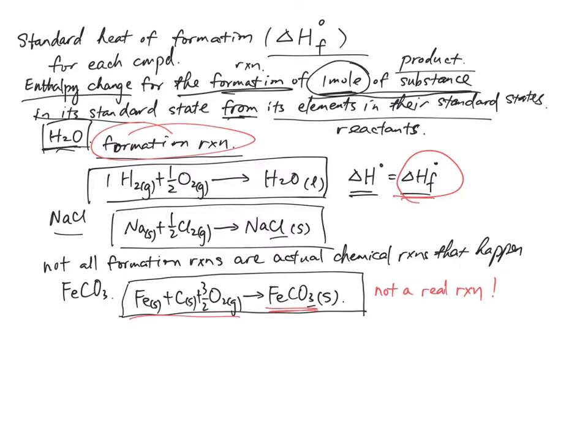Regardless of what route you take, as long as you go from these reactants to these products, your delta H is a fixed value. It doesn't matter which route you take.